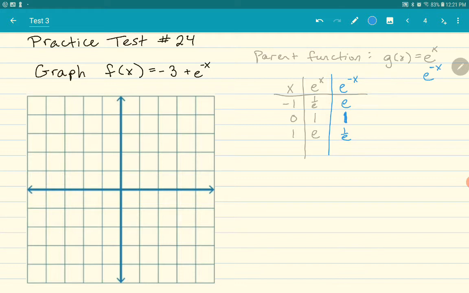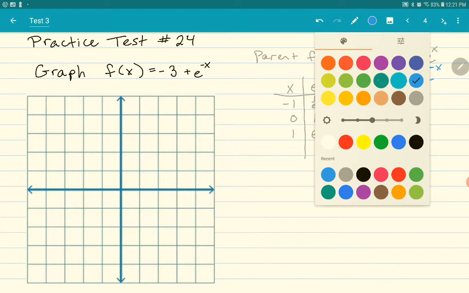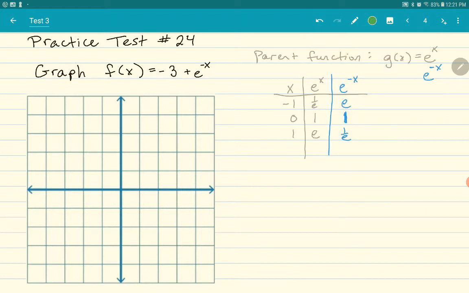And then from there, I want to do another transformation, to subtract 3, so shifting down 3. So then I get e to the negative x, minus 3. So I take what I got in the blue column and I subtract 3.